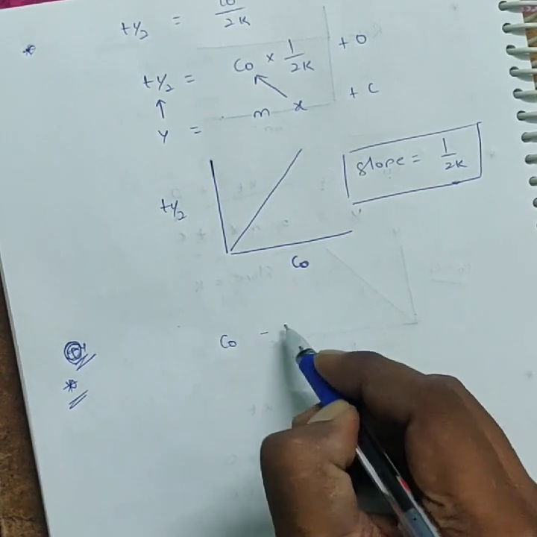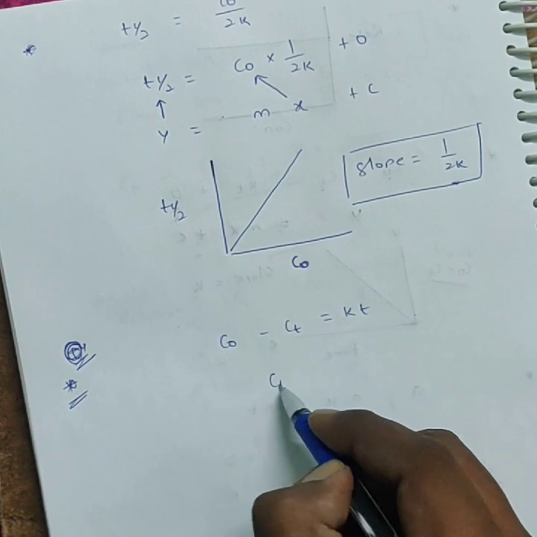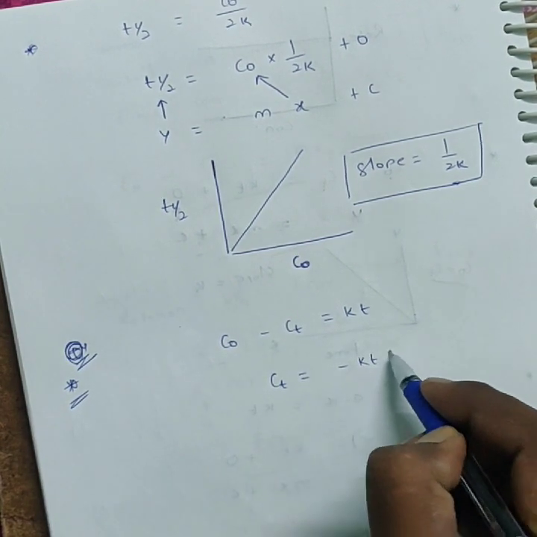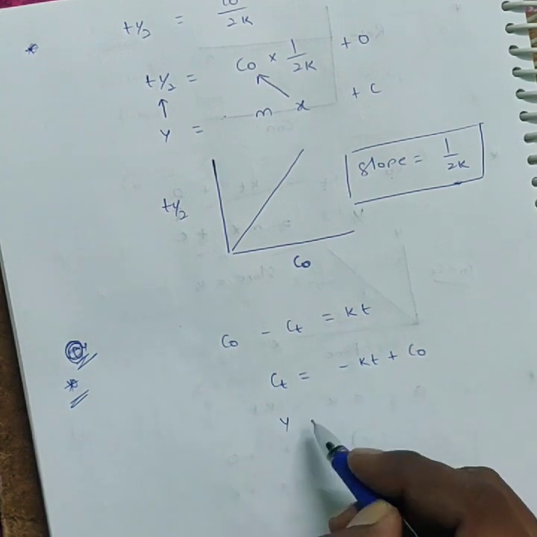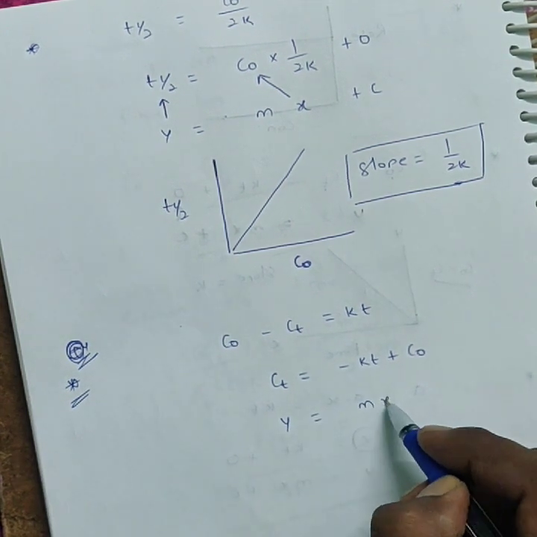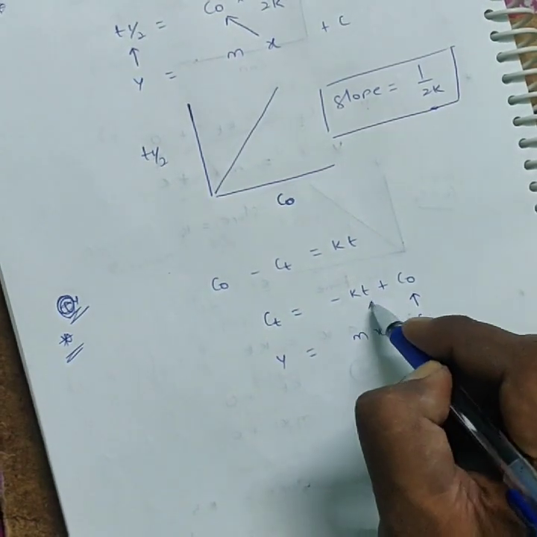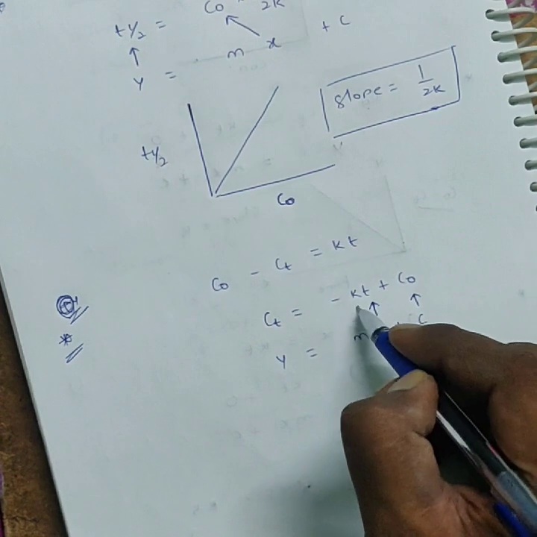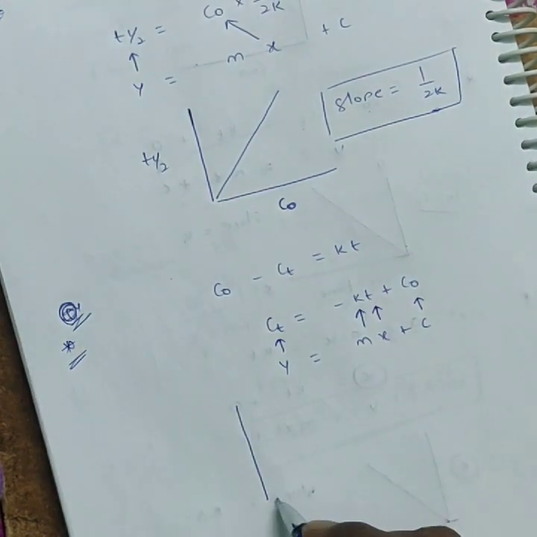We know that C naught minus Ct is equal to Kt. Am I right? So Ct is equal to minus Kt plus C naught. Compare this with the straight line equation y is equal to mx plus c, where intercept will be C naught. Here the variable will be time. Slope is nothing but m. On the y-axis, final concentration is taken.